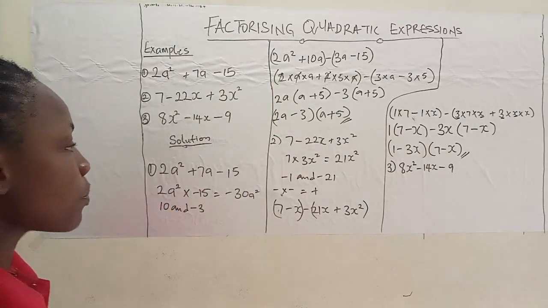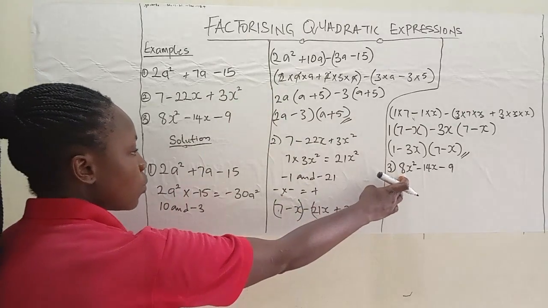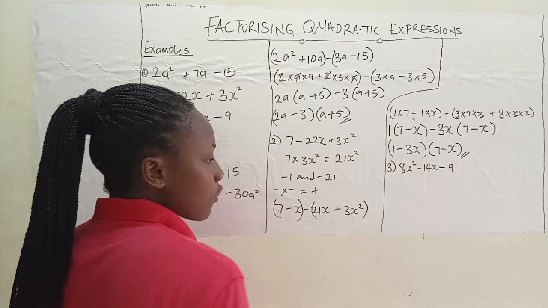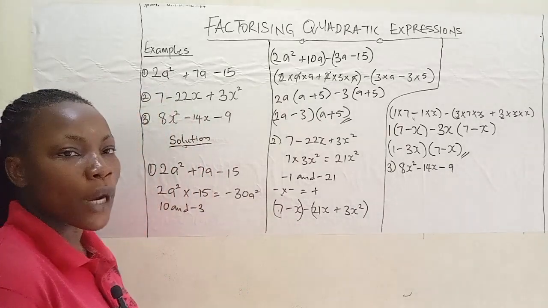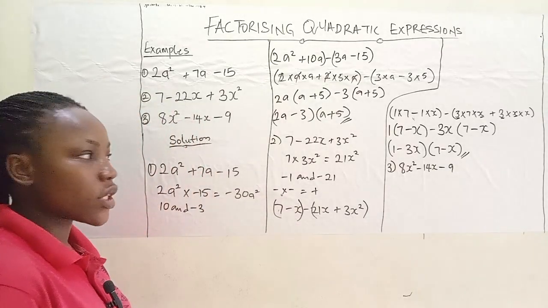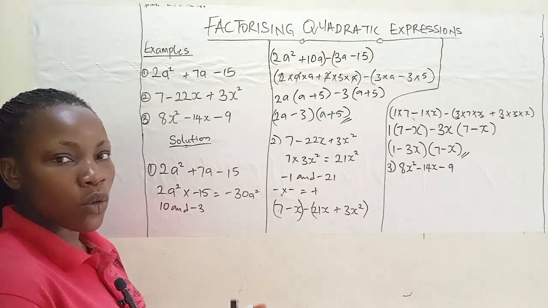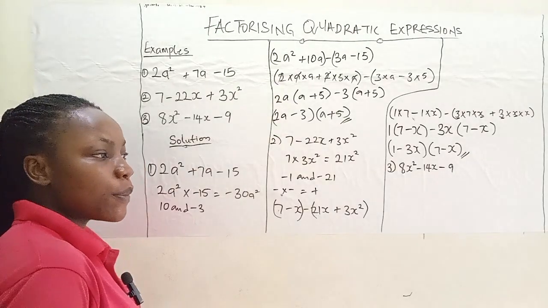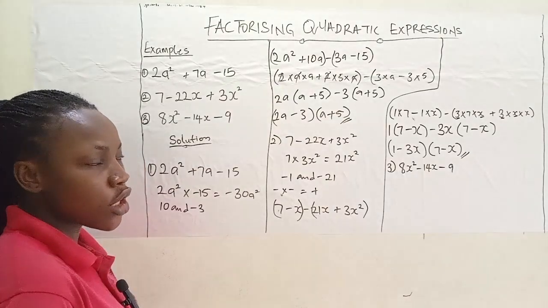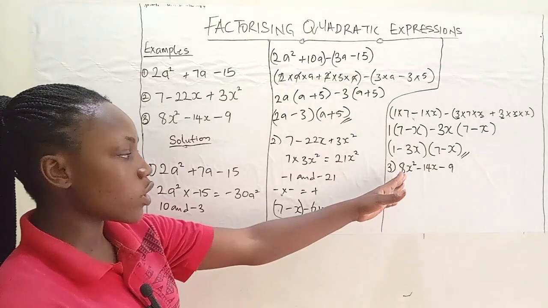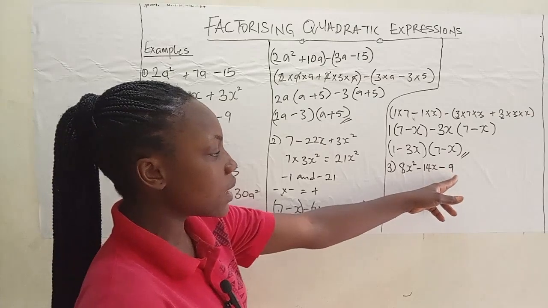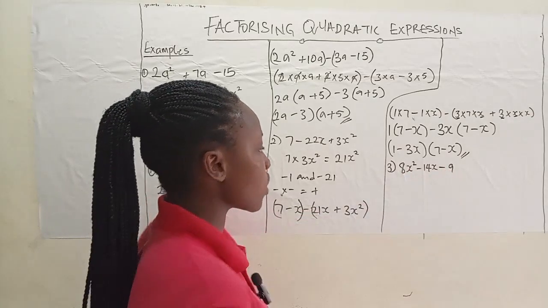We are going to multiply the first one with the last one. After that, we look for two numbers that once we add them together, it's going to give us minus 14. And once we multiply them, it is going to give us what we got after we have multiplied these two things together.